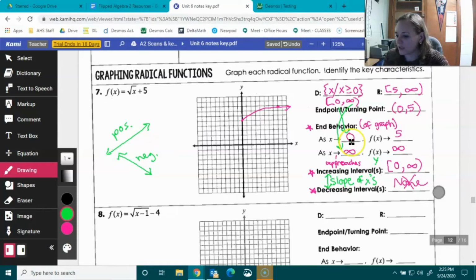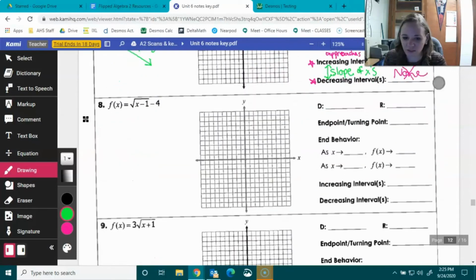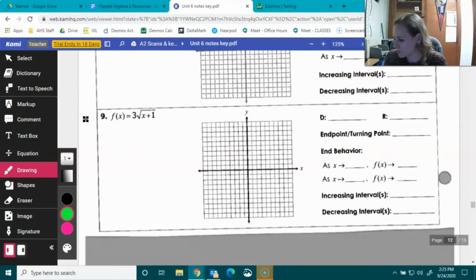Okay, ready to try another one? Let's do one maybe a little bit different. Maybe 8? No, not 8, 9. I'm looking at my paper and I said the wrong number. All right, let's do number 9.